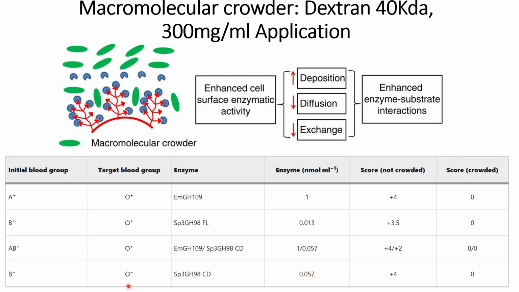negative blood group respectively. From their studies and from the literature, they are able to find the enzymes that can cleave off the excess carbohydrate structures in their respective blood groups.